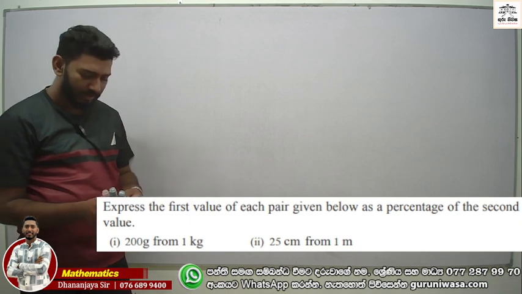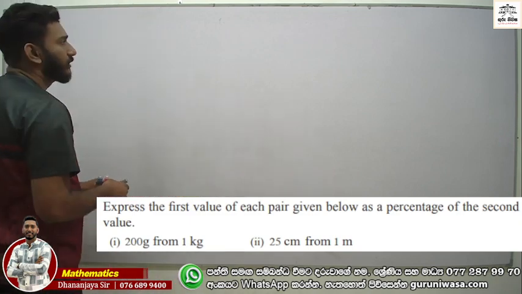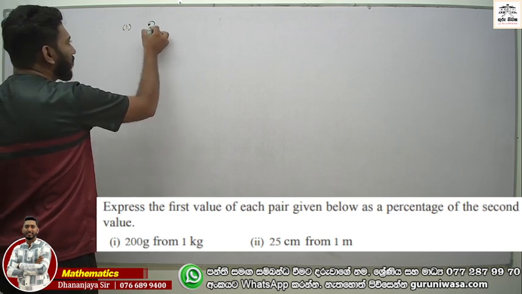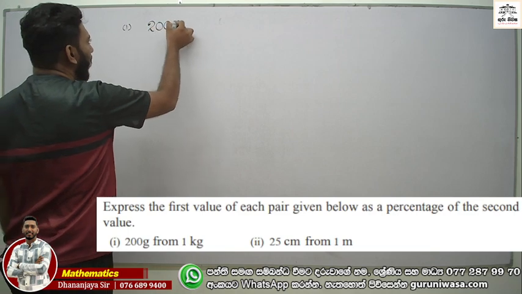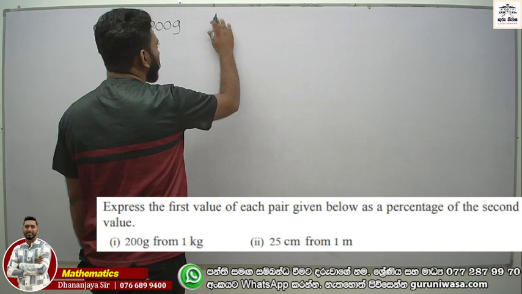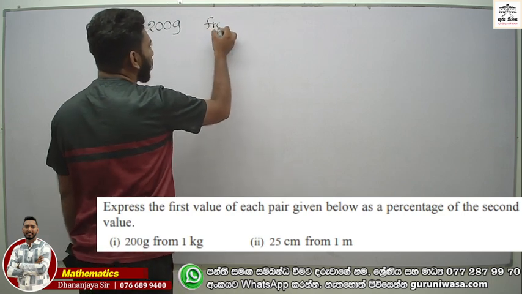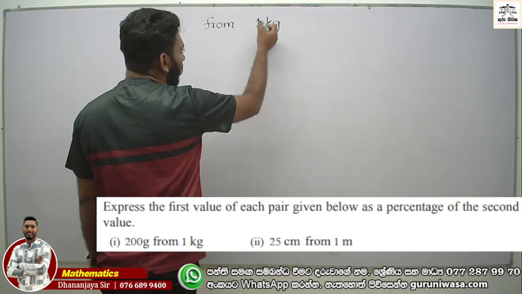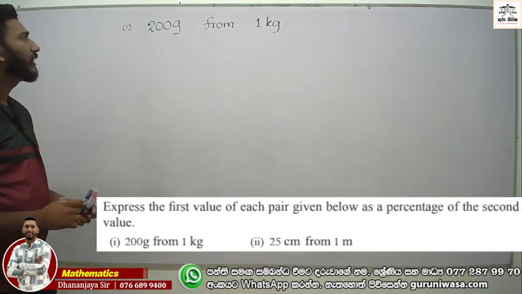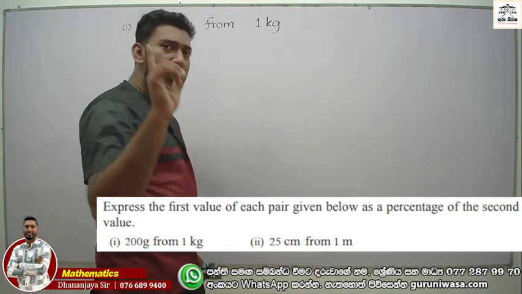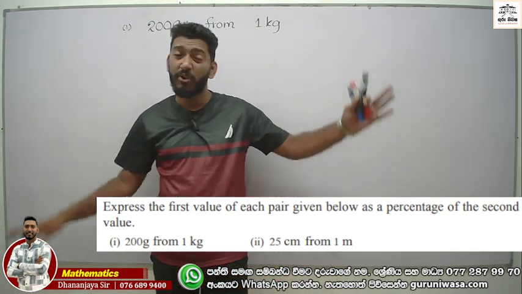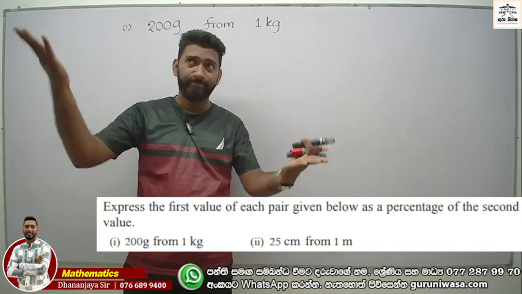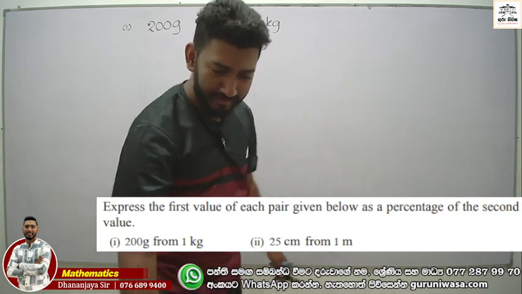Now first one, 200 grams from 1 kilogram. The first one is in grams and the second quantity is in kilograms.